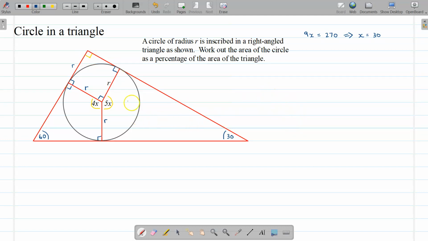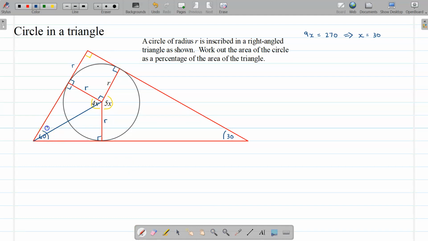Now what I'm going to do is work with this kite here. And I'm going to split it straight down the middle and make two equal triangles out of it by doing that. And I now can see that I have an angle of 30 in here.